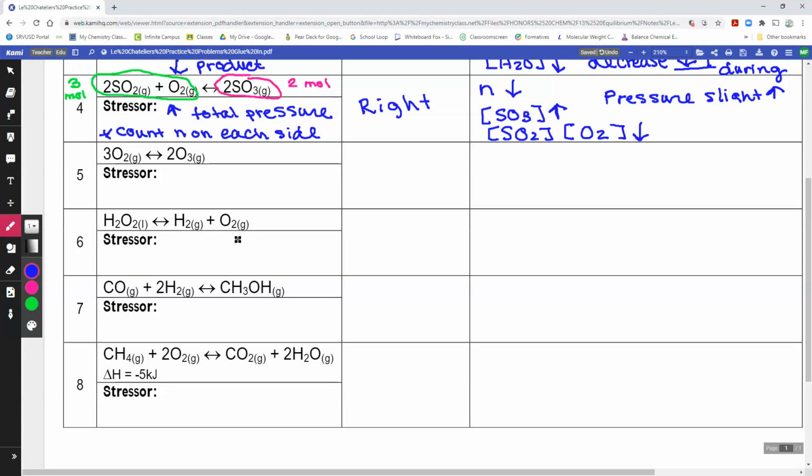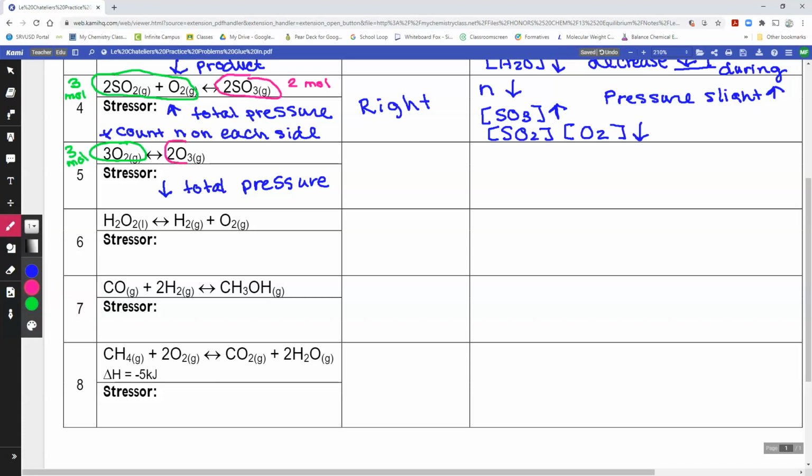For number 5, this time let's oops, that's not number 5. Okay. This time let's decrease the total pressure. Well, on this side, I have 3 moles.